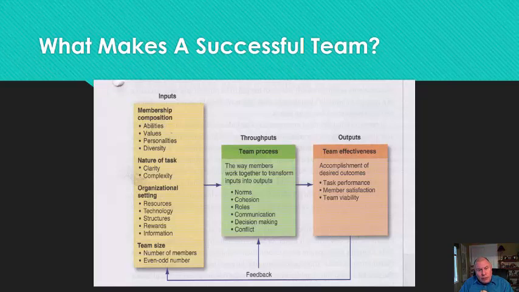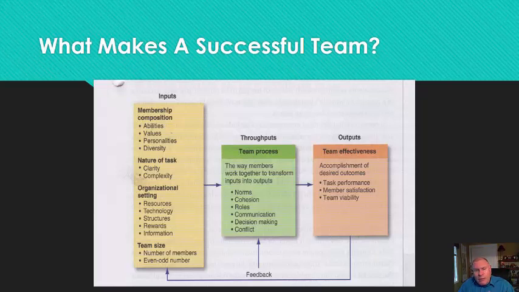There's a measurable outcome. So when we look at the successful team, I want you to look at it in three components. What is going into the team, what's the process the team is following, and what are the outputs. And we don't always think about them. We have a lot of perceptions and we make assumptions about what teams are.